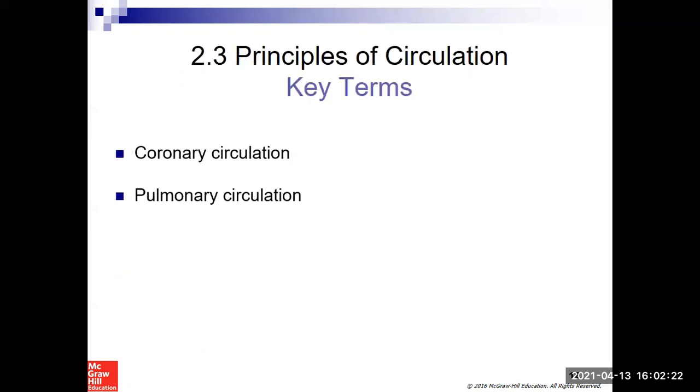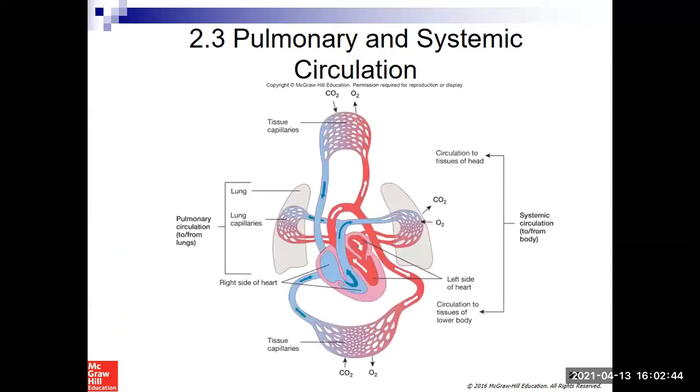Key terms: coronary circulation, pulmonary circulation, systemic circulation. Make sure you're reading the terms thoroughly. Okay, there's 3 here. Coronary circulation.